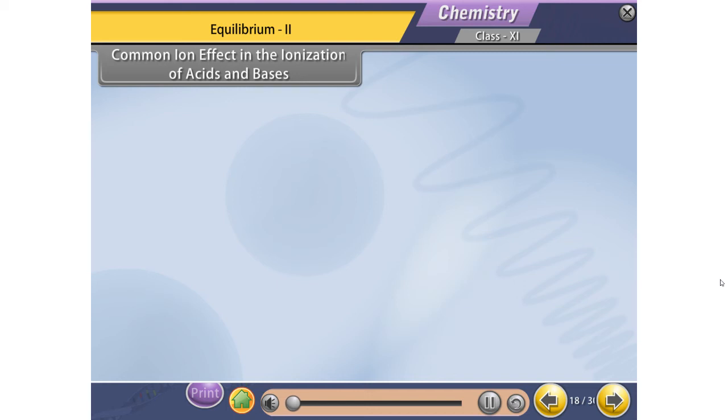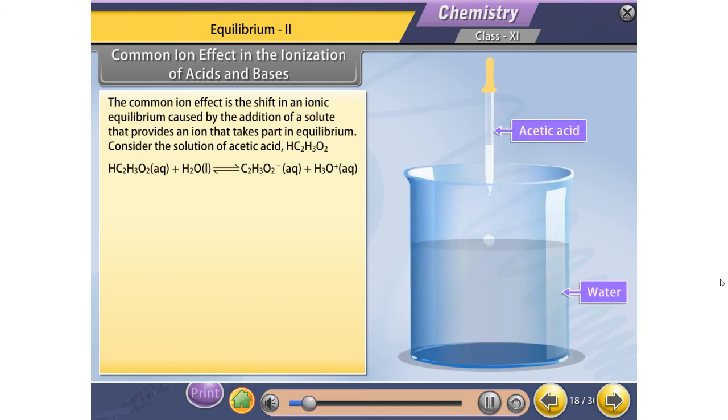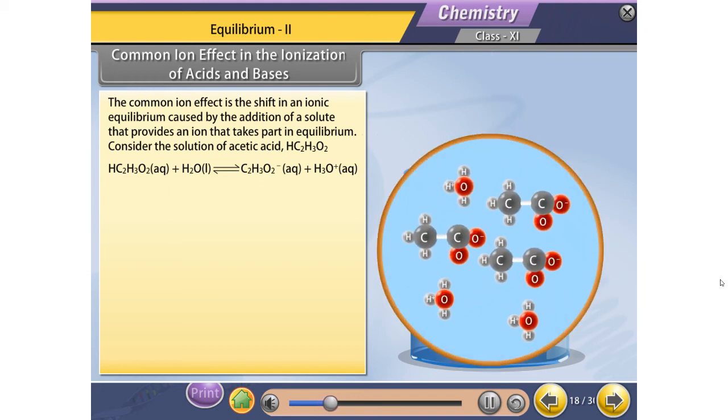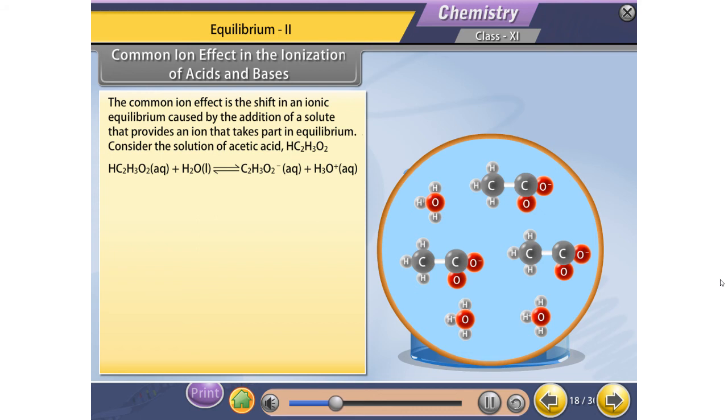Common ion effect in the ionization of acids and bases. The common ion effect is the shift in an ionic equilibrium caused by the addition of a solute that provides an ion that takes part in the equilibrium. Consider a solution of acetic acid, HC2H3O2.